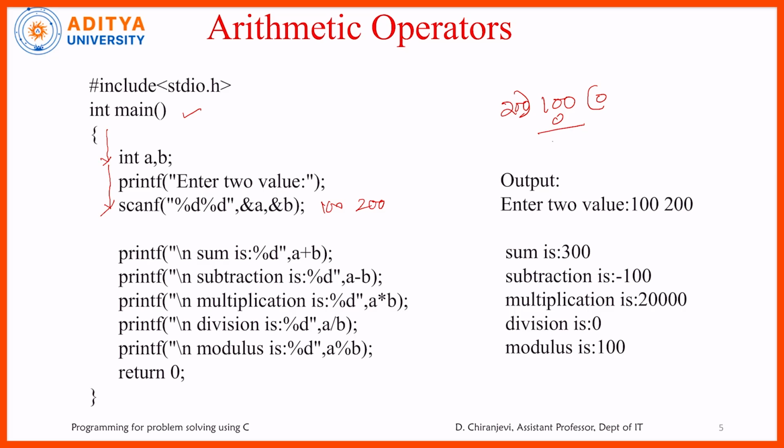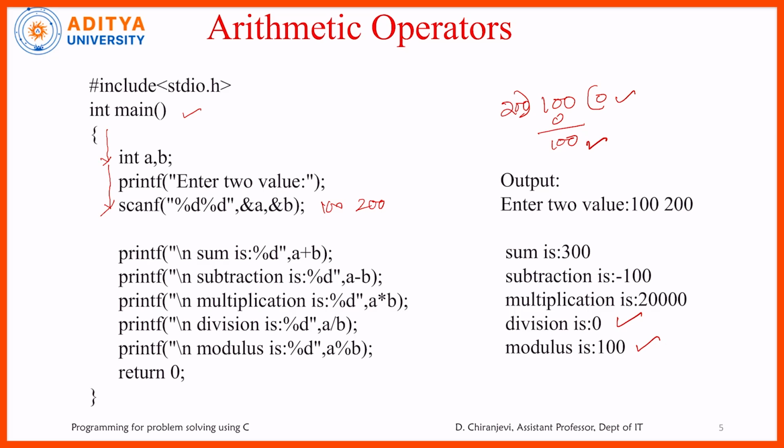If you see in this example, addition, subtraction, multiplication you can easily understand. The quotient is 0, that's why the division result is 0. In the same manner, modulus result is the remainder, so the remainder is 100, so the modulus result is 100.